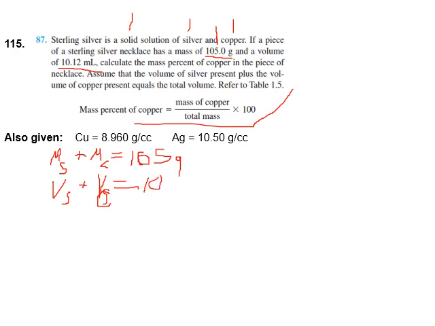Now, it turns out that the top equation is actually the one that we're going to use to solve the problem. Maybe someday somebody will explain to me how to do this a better way.